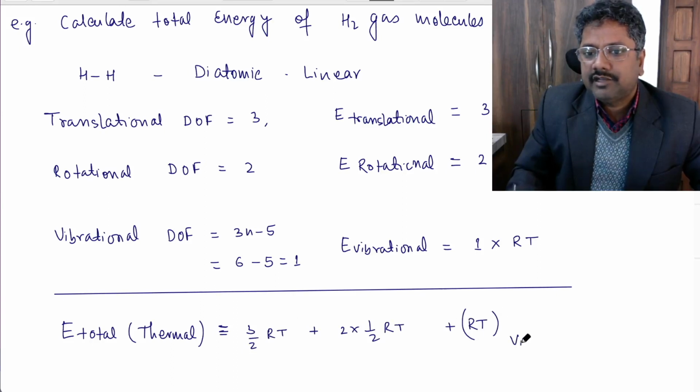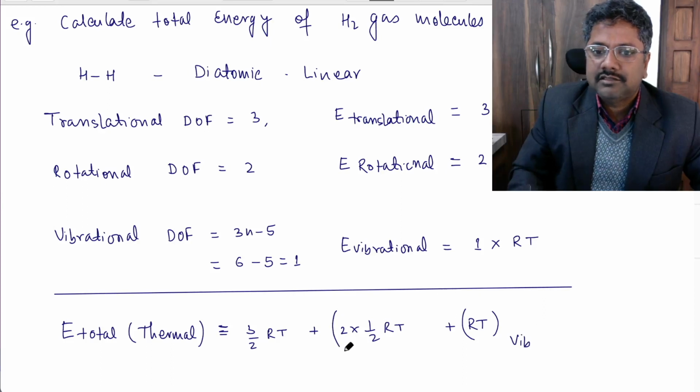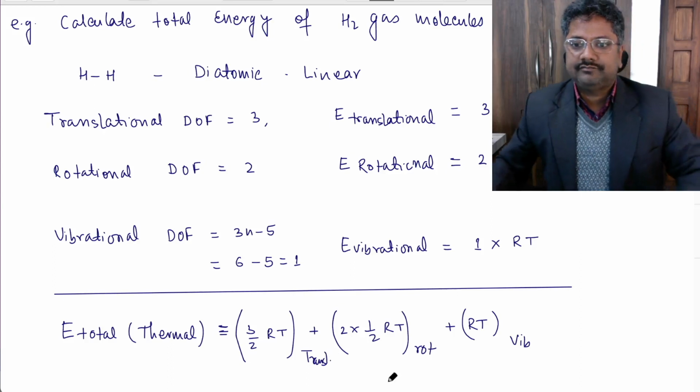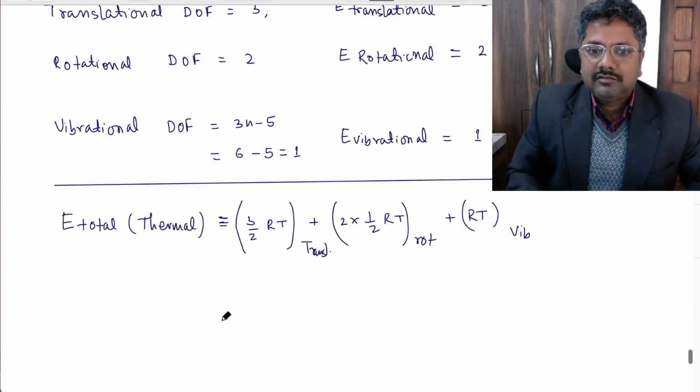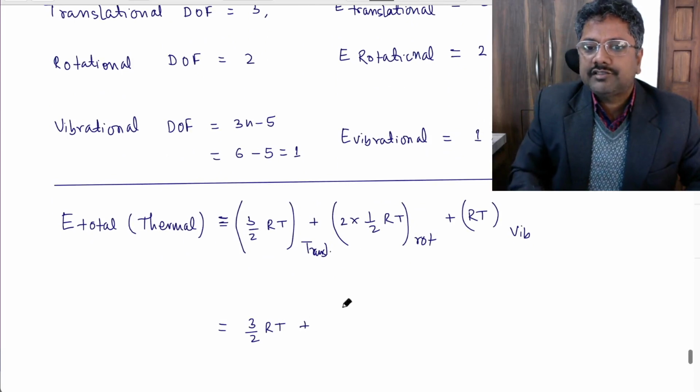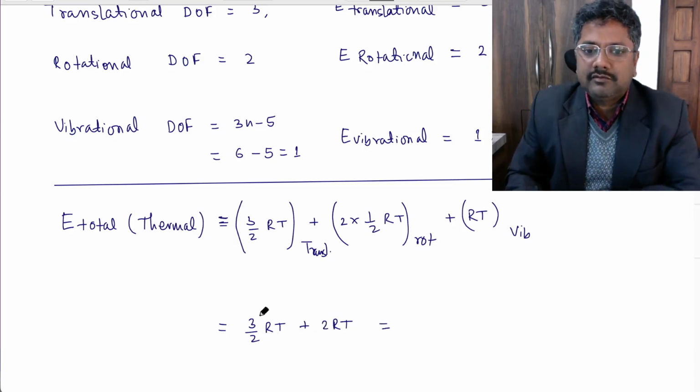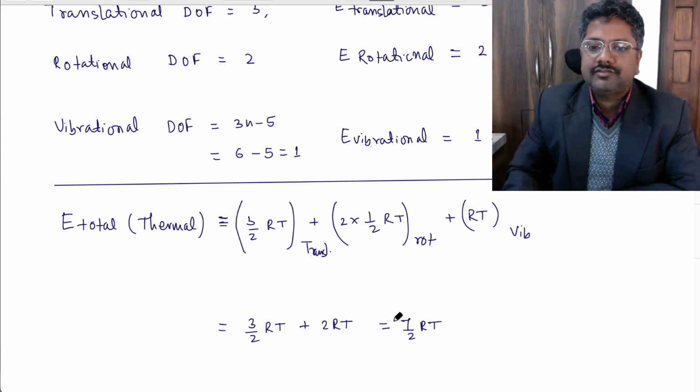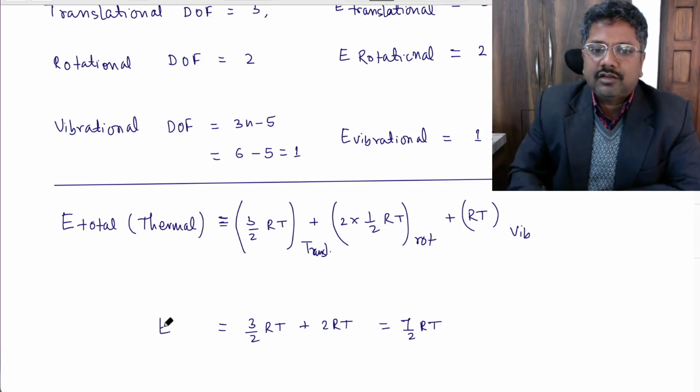This is translational, this is rotational, and this is vibrational. So 3 by 2 RT plus RT and RT is 2 RT. So this is equal to 7 by 2 RT, right? So this is the E total.